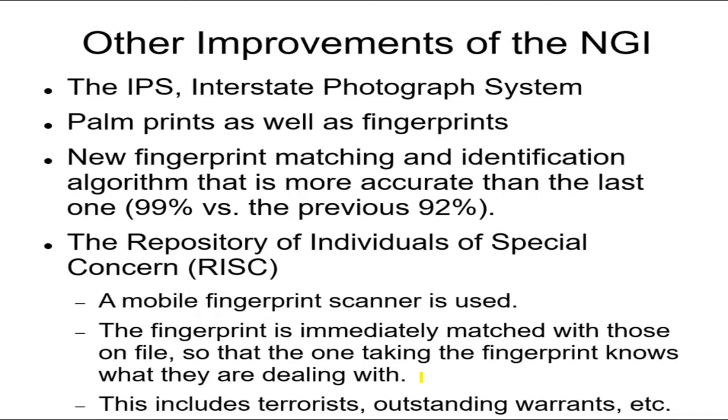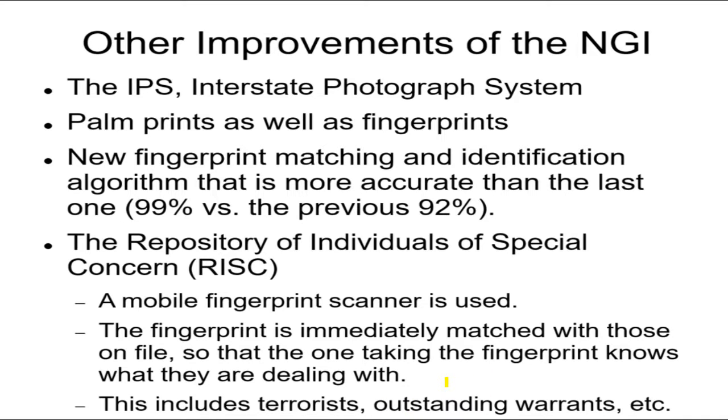And not only that, we might realize that a person in the database whose identity we didn't know left a fingerprint we picked up at a crime scene. We don't know who it is, and now you've got someone who you know has an outstanding warrant or is a terrorist. You can match it with these unknown ones and realize that that crime was done by this person that we just got a fingerprint from.